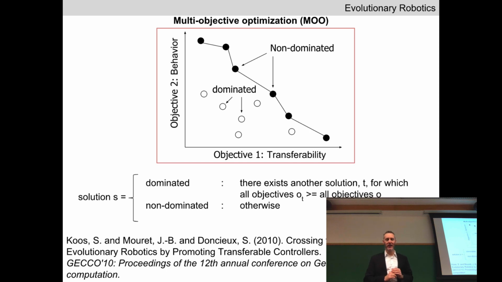So if I pick a point, like this point, for example, and I look at all the other n-1 points, there is at least one other point, this one, which is both better in terms of behavior. This point is higher than this point, and this point is more transferable than this one, because this point lies further to the right.